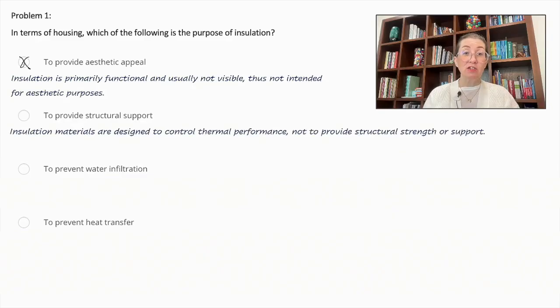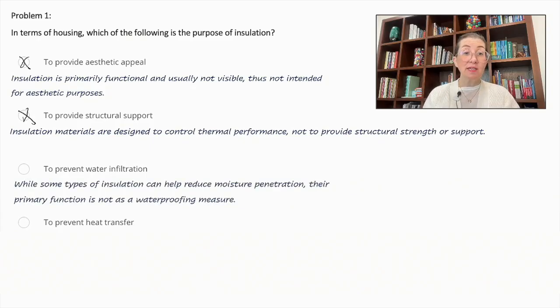Insulation materials are designed to control thermal performance, not to provide structural strength or support. To prevent water infiltration. While some types of insulation can help reduce moisture penetration, their primary function is not as a waterproofing measure, so this too is not correct.